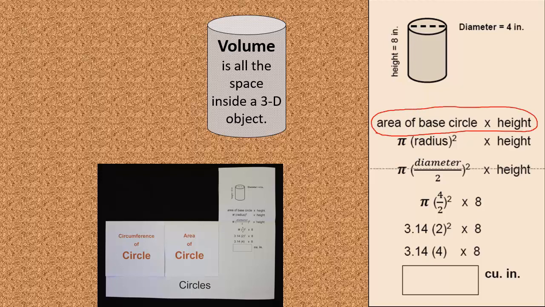Now we just worked with finding the area of a circle, and that formula was pi times radius squared. Then we can multiply that by the height to fill the cylinder up with space.